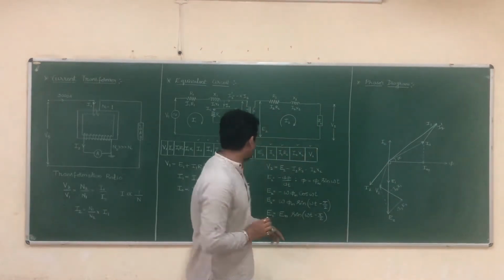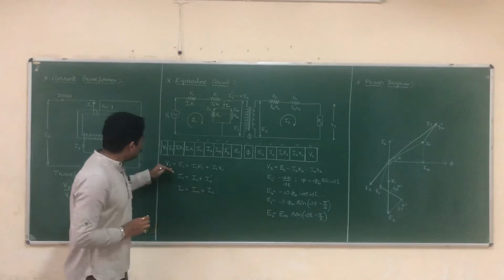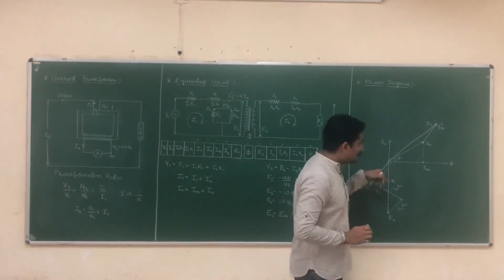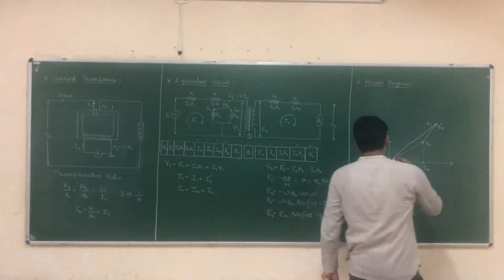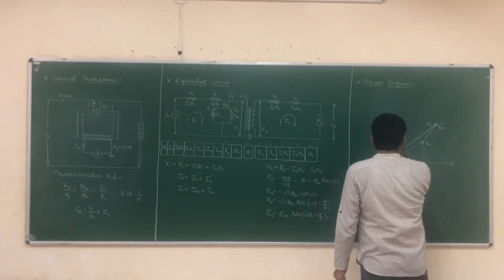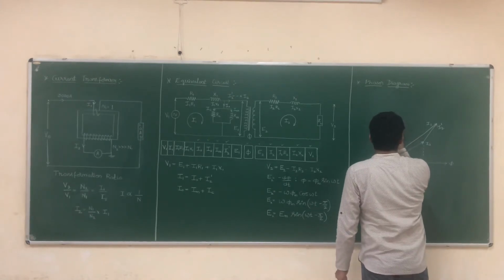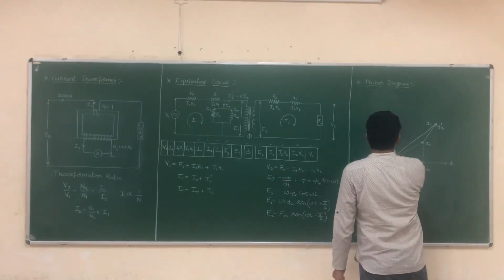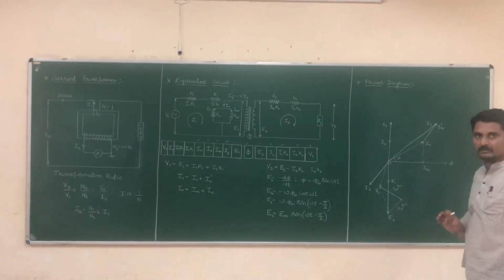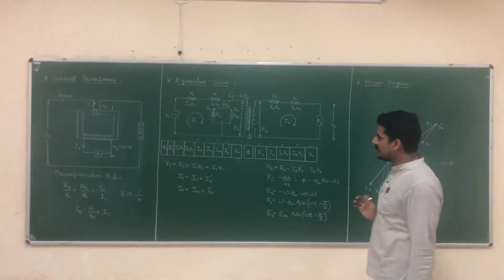Now to get the input voltage equation, I will represent this E1 in the x-axis. Here I am just changing the direction, but the value remains the same, and this is minus E1.